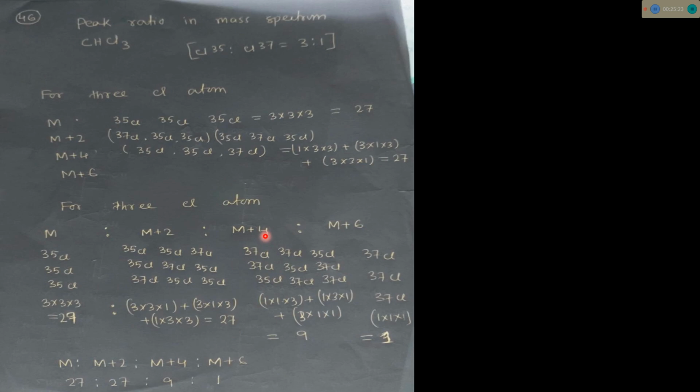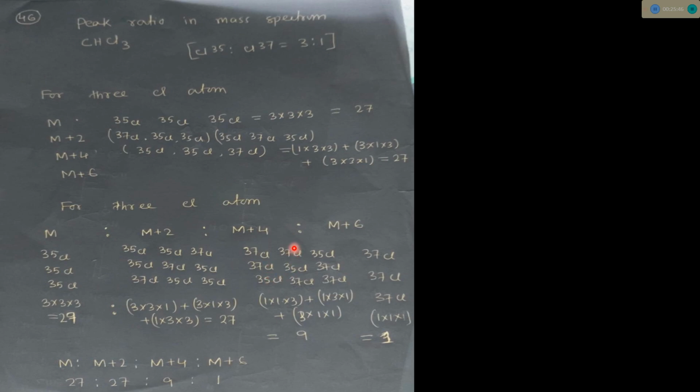For M plus 4, to obtain the M plus 4 peak, among these 3 chlorines, 1 chlorine should be 35 and the other 2 chlorines should be 37. There will also be 3 combinations: first and second chlorine 37, third chlorine 35.